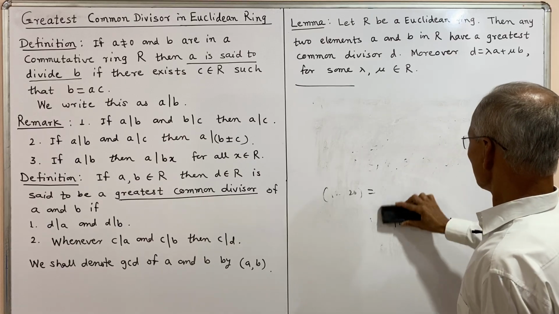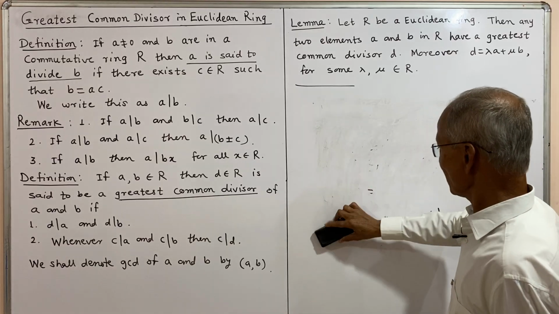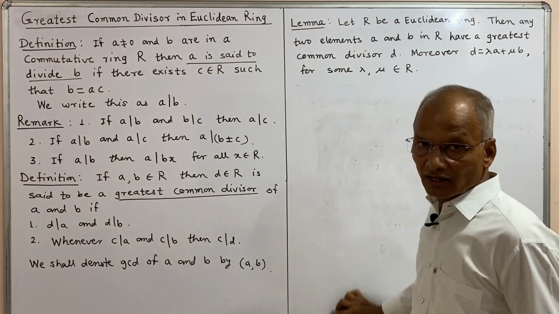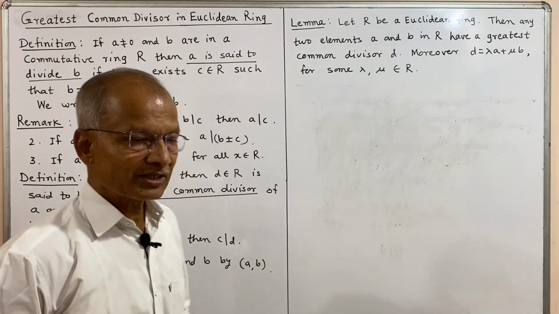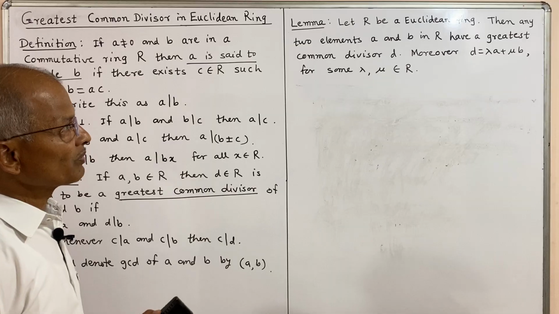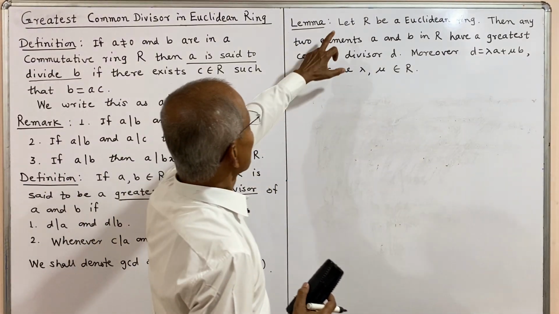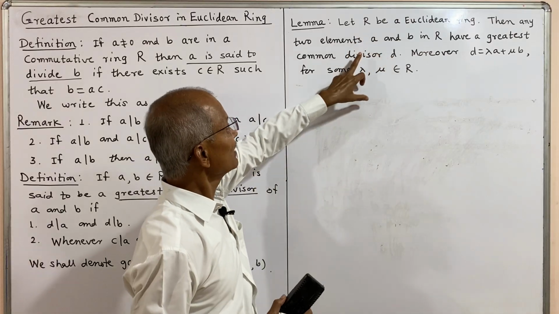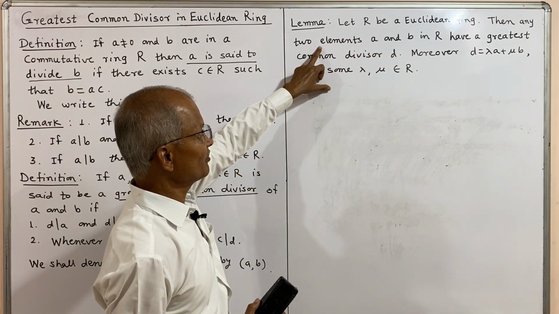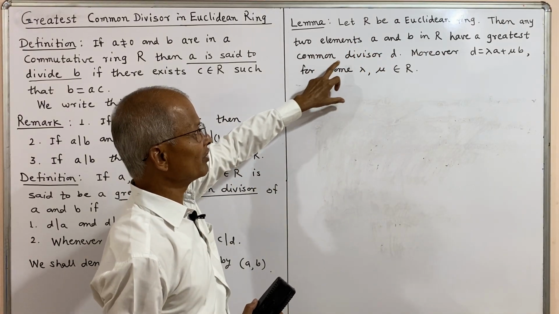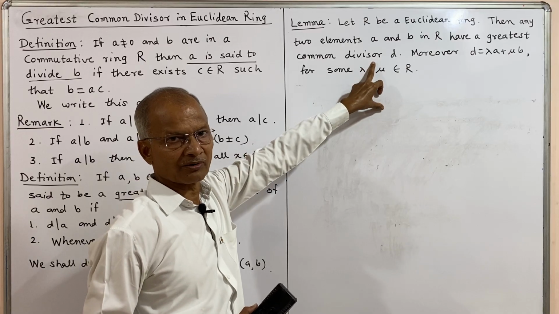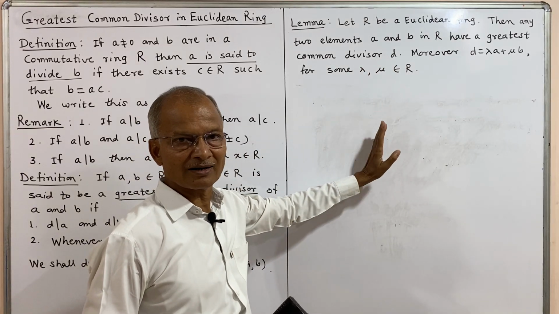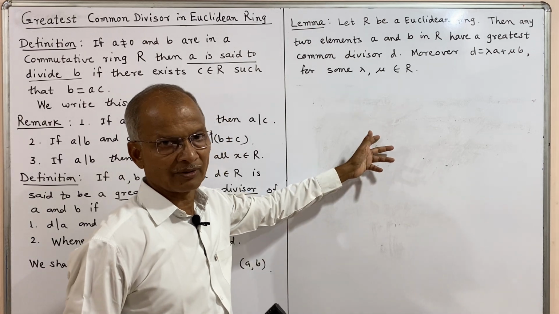Now we shall state an important result for greatest common divisor as a lemma. The greatest common divisor is expressed as a combination of the two elements. The lemma is: R be a Euclidean ring, then any two elements A and B in R have a greatest common divisor. There exists a common divisor for any two elements, and one, the unit element, is necessarily a common divisor for any element.